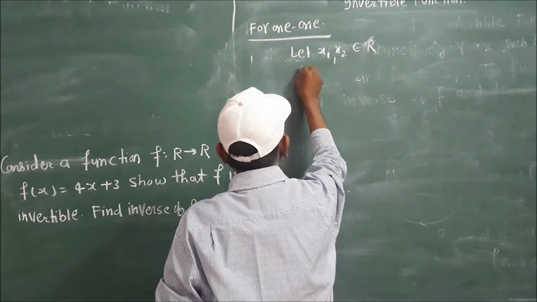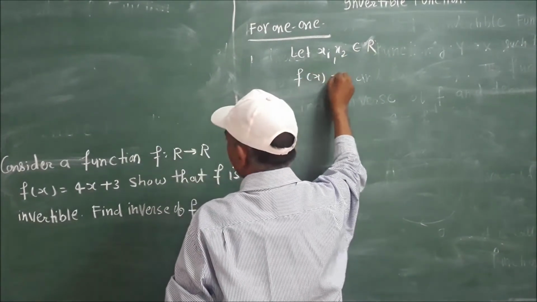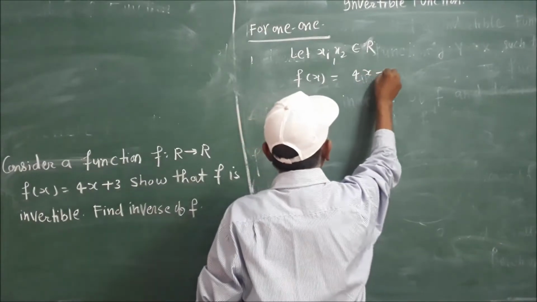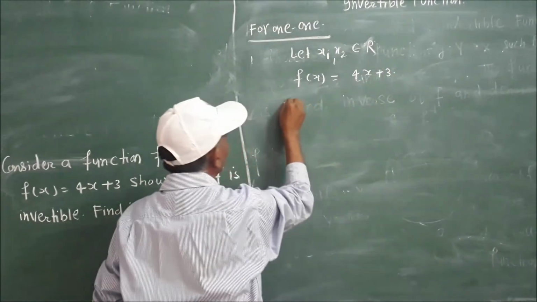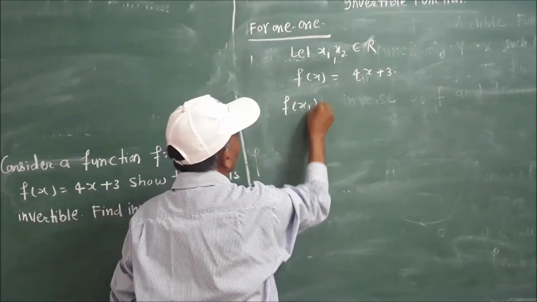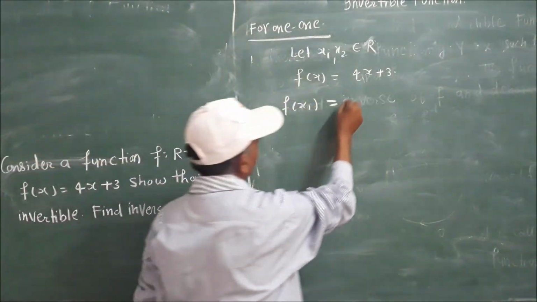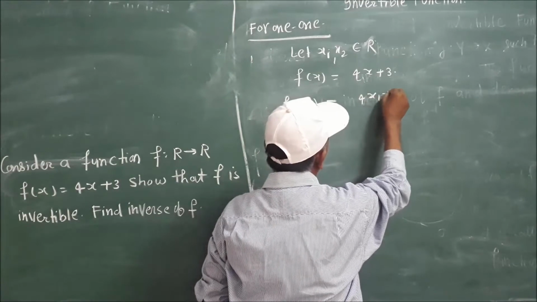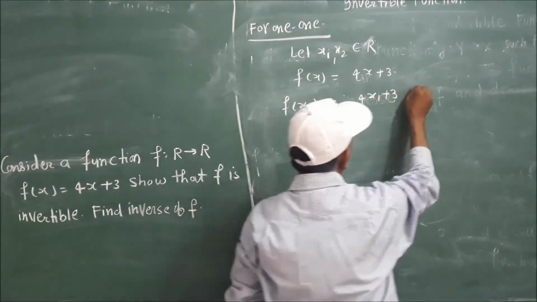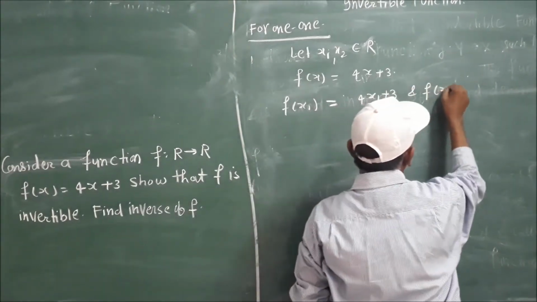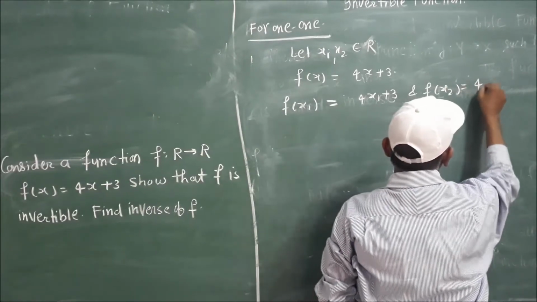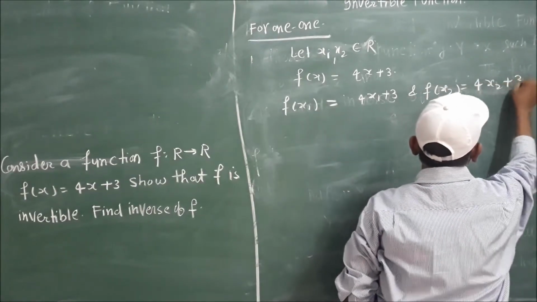Then the question is given f(x) is equal to 4x plus 3. So what is the value of f(x1)? If f(x) is equal to 4x plus 3, then f(x1) will be 4 into x1 plus 3, and f(x2) will be 4 into x2 plus 3.